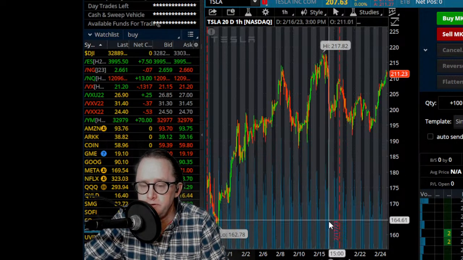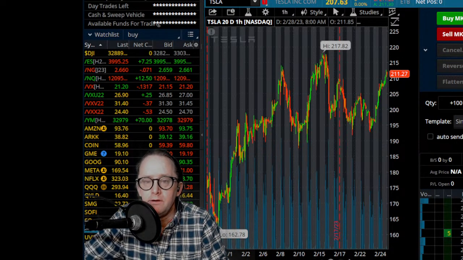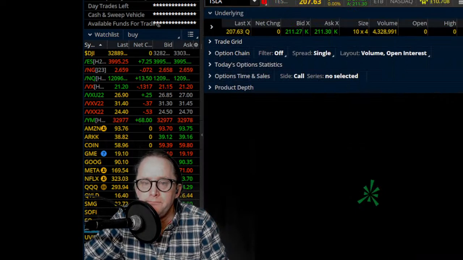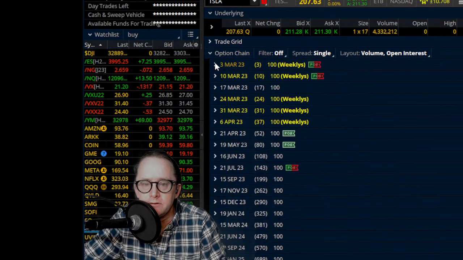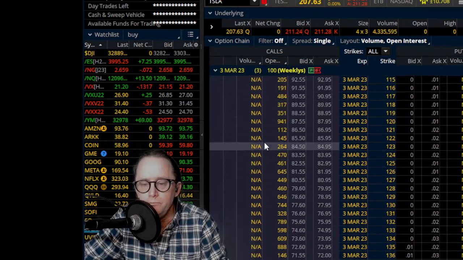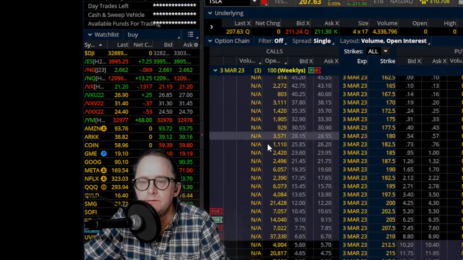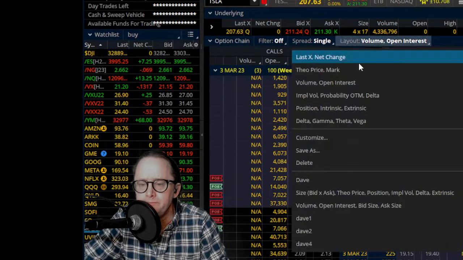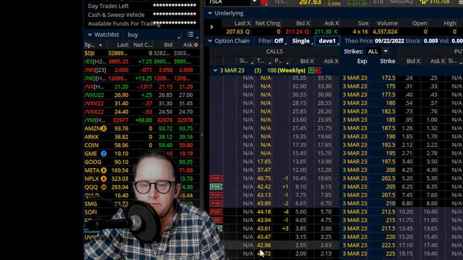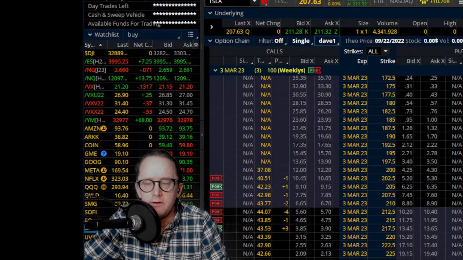If we do start to rip to the upside, part of my position here, let's look at this another way. If we look at the front week position here, you can see the number of options at each spot here.